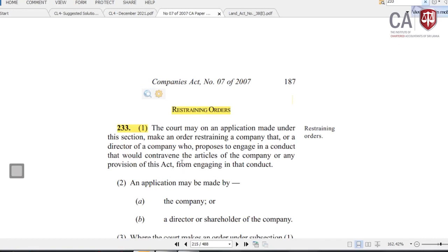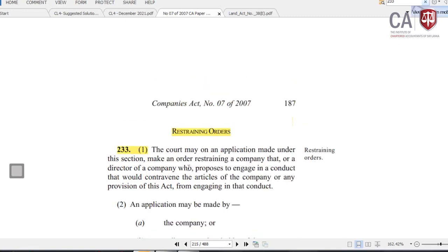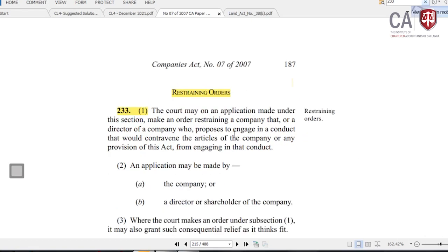So what does it say? The court may, on an application made under this section, make an order restraining a company or a director of a company who proposes to engage in conduct that would contravene the articles of the company or any provision of this Act from engaging in that conduct. So who can make an application under section 233? Either the company, a director or a shareholder of the company.